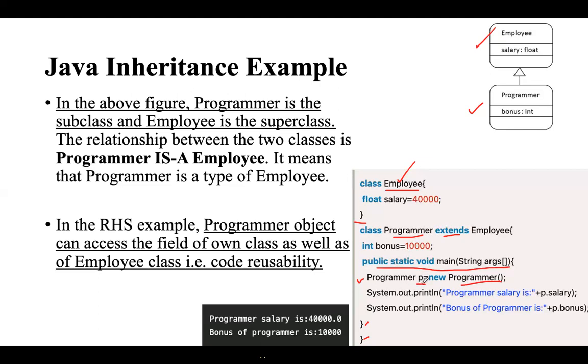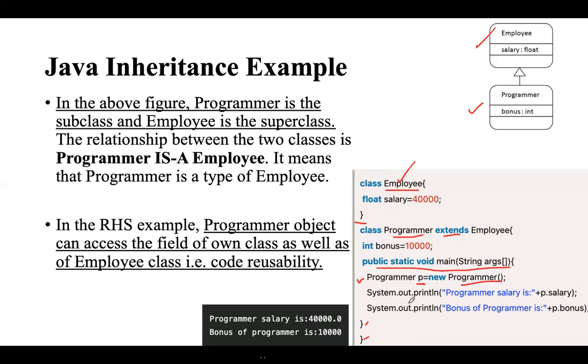And this Programmer class is inheriting the parent class. This Programmer class is the child class of this Employee class. So it also means that this object P can access the information available in the Employee class.